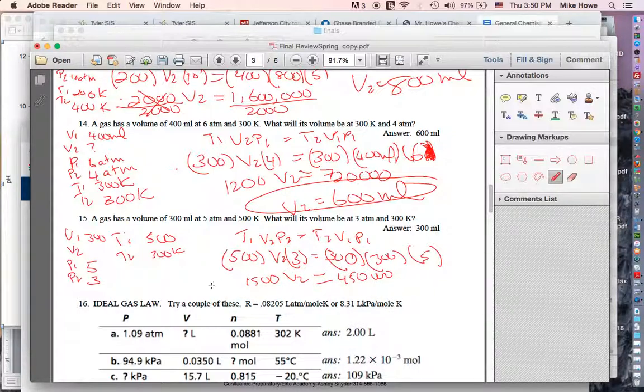You're going to divide both sides by 1,500. On this side they cancel, and V2 equals 450,000 divided by 1,500. Our calculator says 300, and my answer sheet says 300, so it looks like we're right. So that's the other way to do the combined gas law problems. You can either use the thinking method that I showed you in the first video or this method.